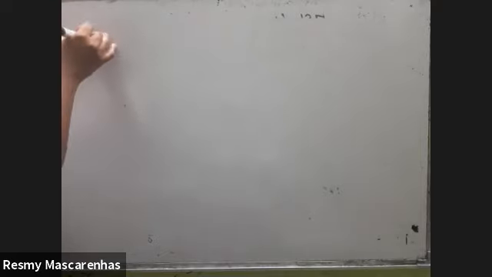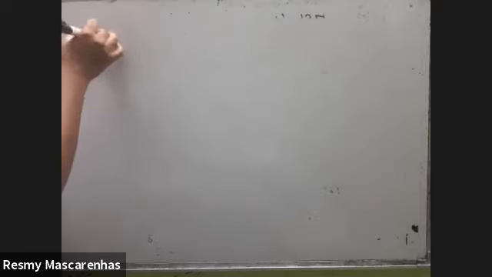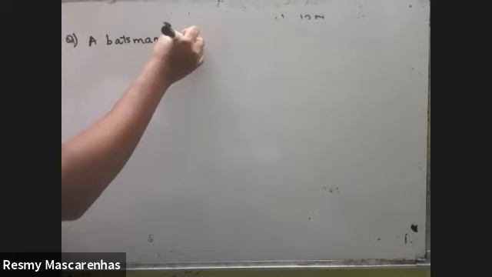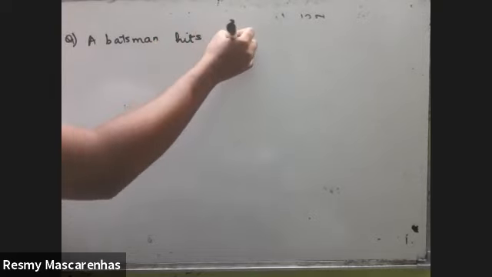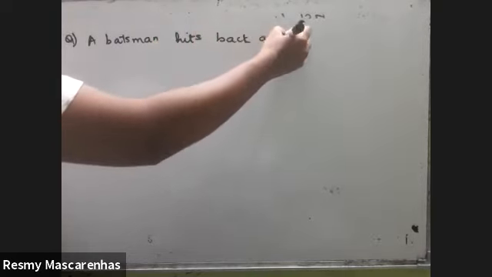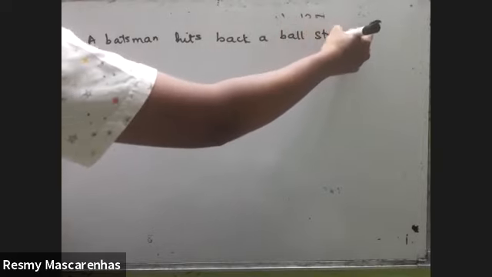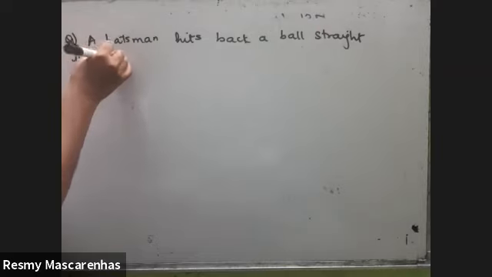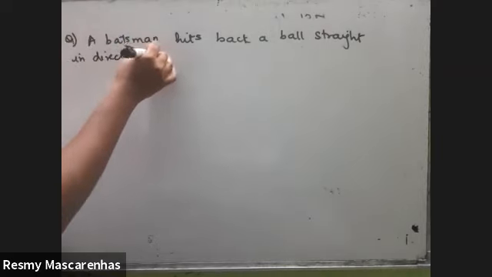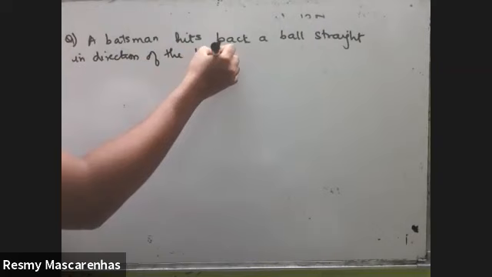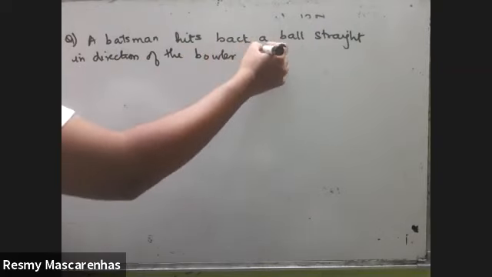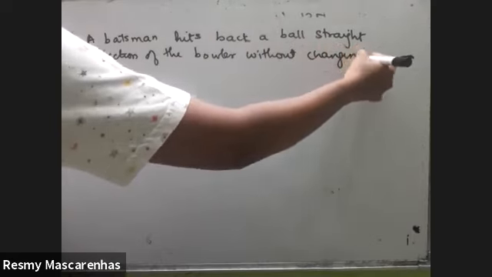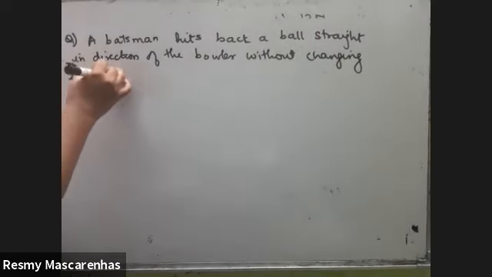The first question: a batsman hits the ball straight back in the direction of the bowler without changing its initial speed.